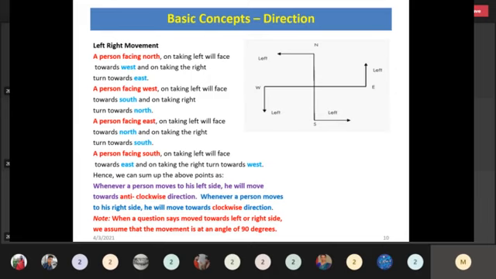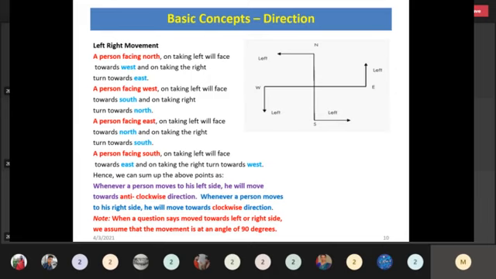Very important note: when a question says move towards left or right side, we assume that the movement is at an angle of 90 degrees.